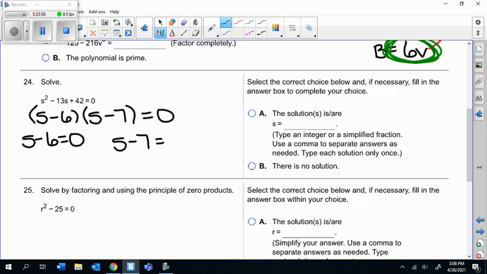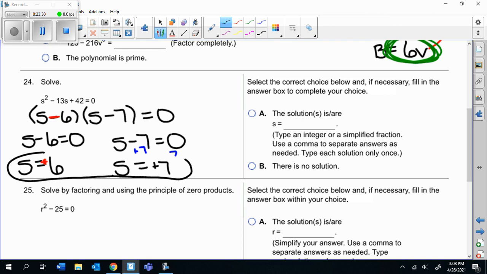There are all sorts of patterns and shortcuts to find. For instance, here, I would add 6 to both sides. Notice that if this is a -6, the answer is a +6. Here, how would I solve this? I would add 7. And so if the factor is a -7, the answer is a +7.